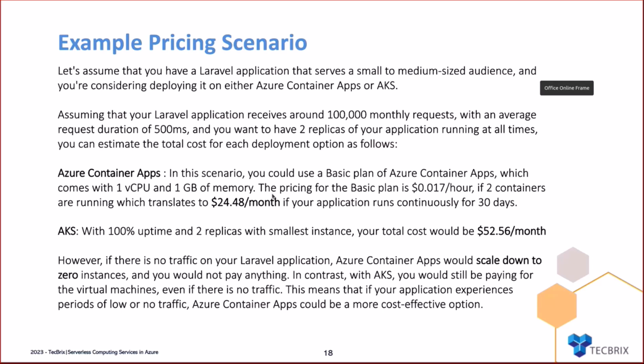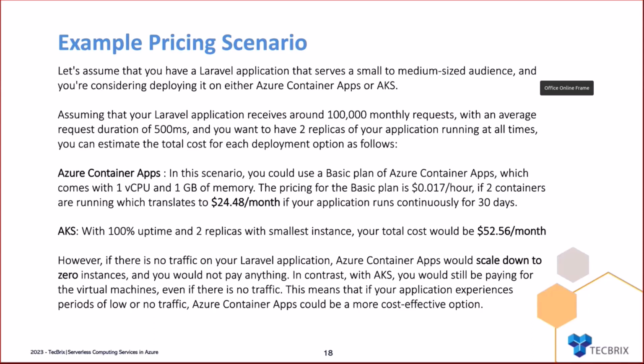Now let's say you have a containerized application and microservices deployed on Azure Kubernetes Service. Here we are talking about an application that does not have a larger scope, but an intermediary scope. Let's say you deploy it on AKS. Azure Kubernetes Service will give 100% uptime.